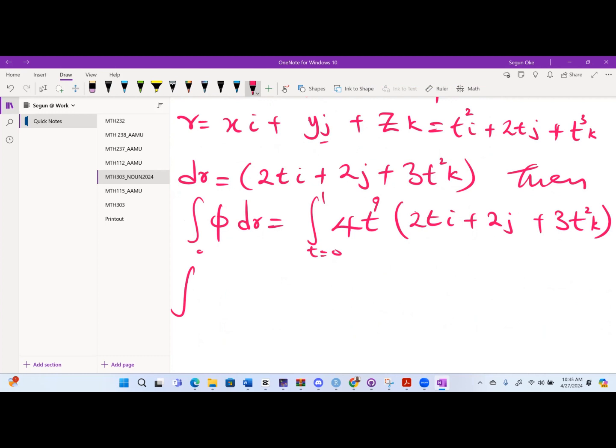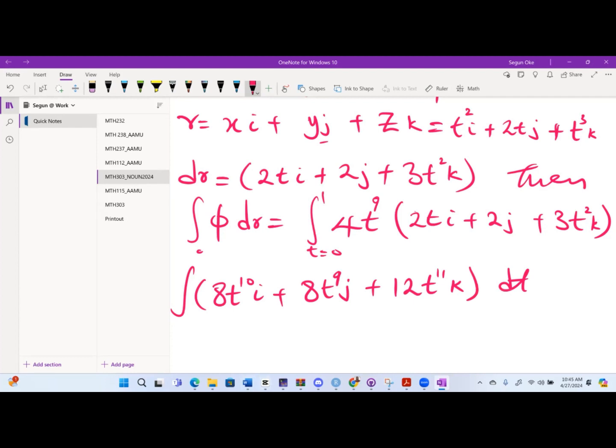I will have, in this case, 8t raised to power 10 i plus 8t raised to power 9 j plus 12t raised to power 11 k, everything dt.